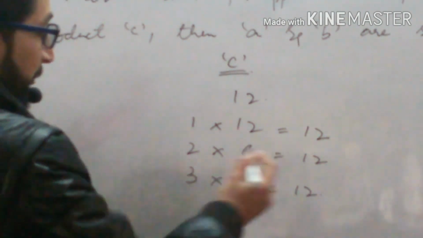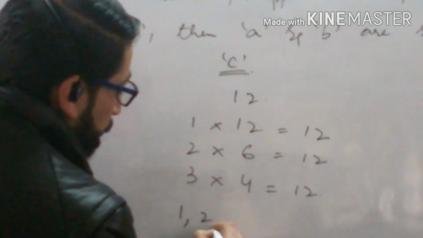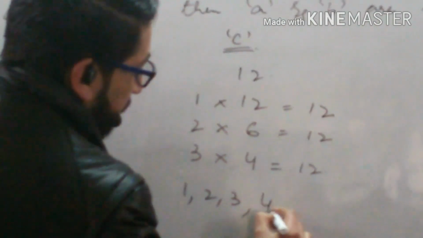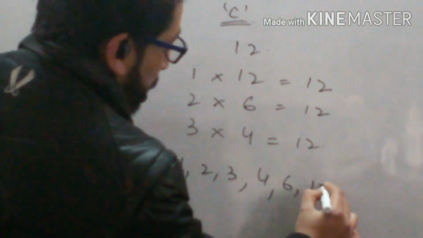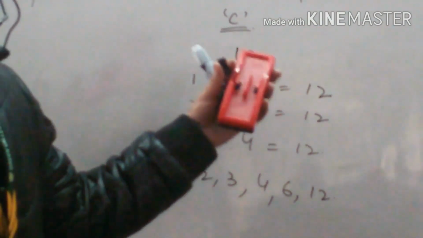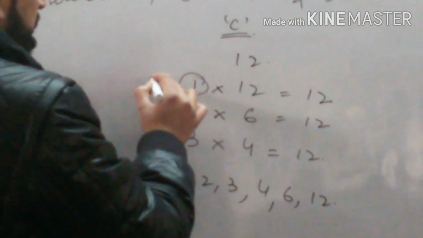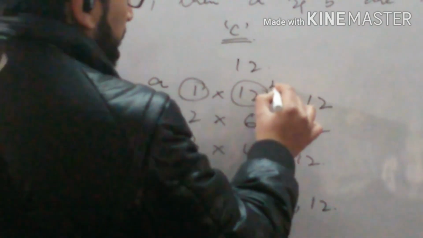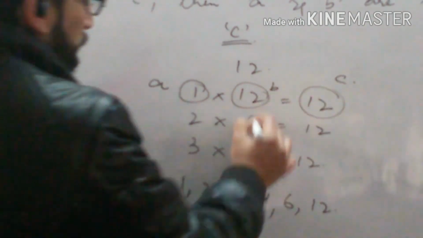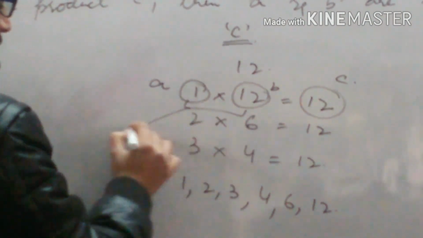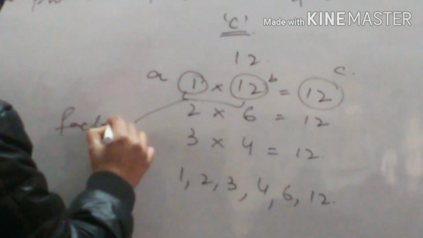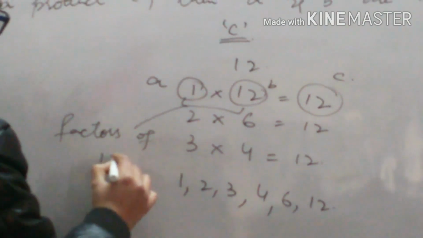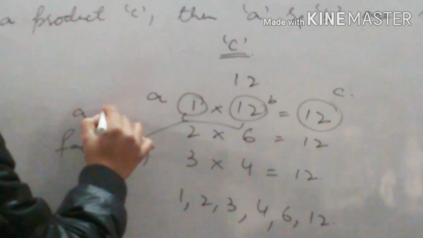So here 1, 2, 3, 4, 6 and 12 are factors of 12. We can say that here these are A and B, and this is C. So these numbers are factors of 12, and 12 here is the multiple.